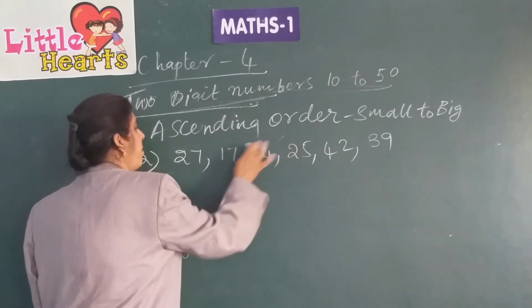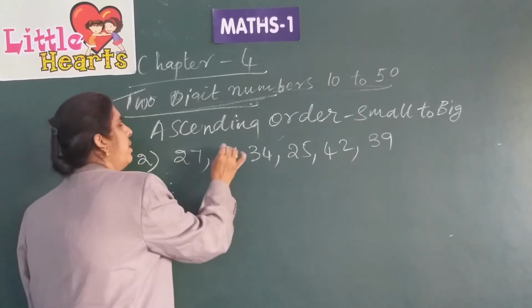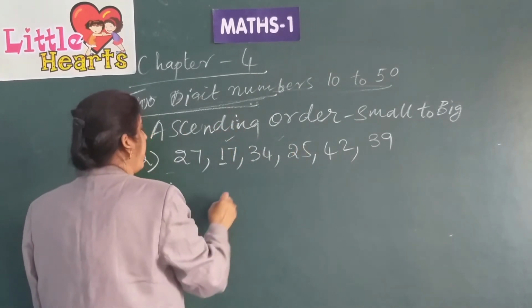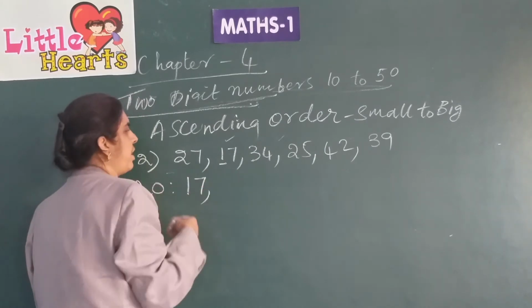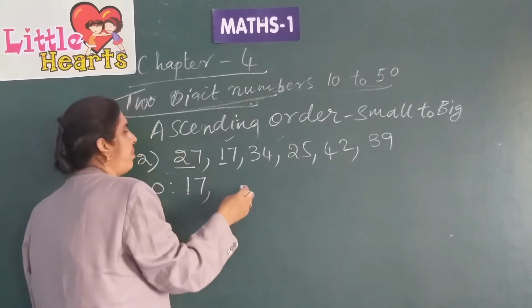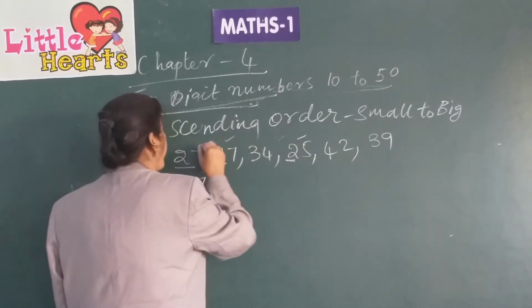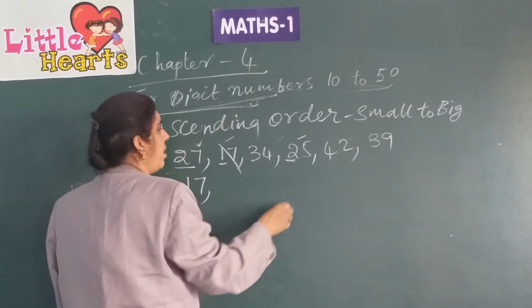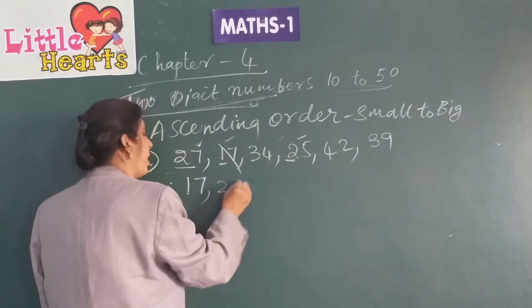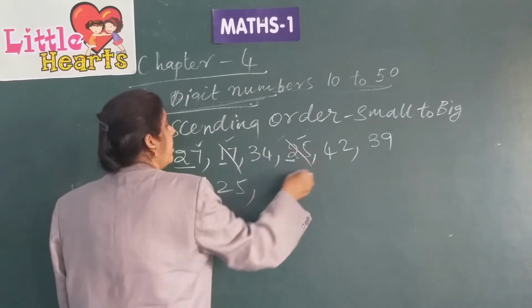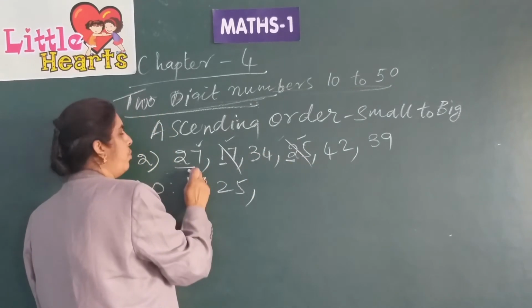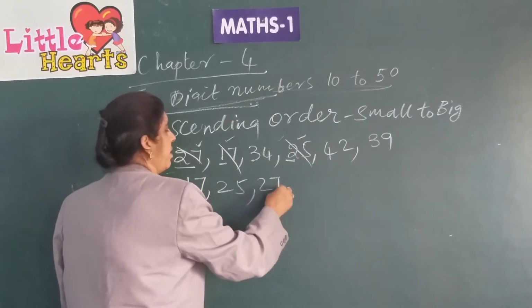Only there is one number with 1 in the tens place, so it is the smallest number, starting 17. Next, there are two numbers with 2 in the tens place, so check with the ones place, 5 and 7. Which is smaller? 5. So 25 comes next, and next there is no other number with 2, so this comes next.